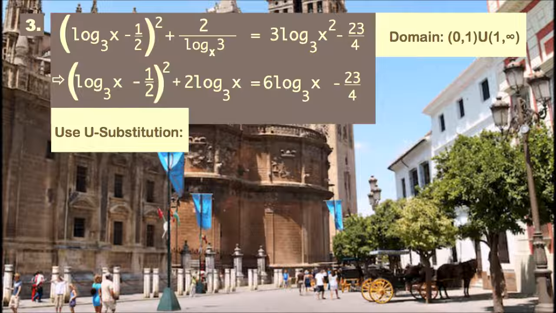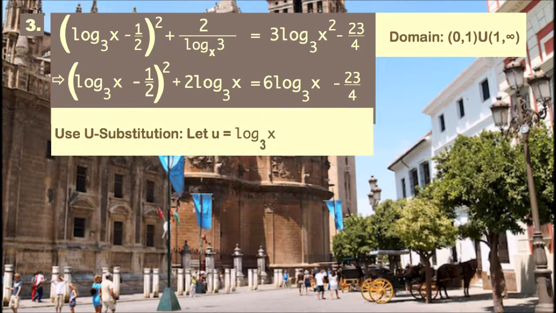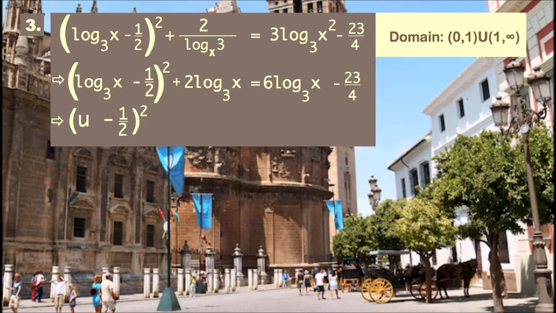Now that we have that out of the way, let's use u substitution. So let u equal log base 3 of x. Thus, the quantity (u minus 1/2) everything squared plus 2u equals 6u minus 23 over 4.